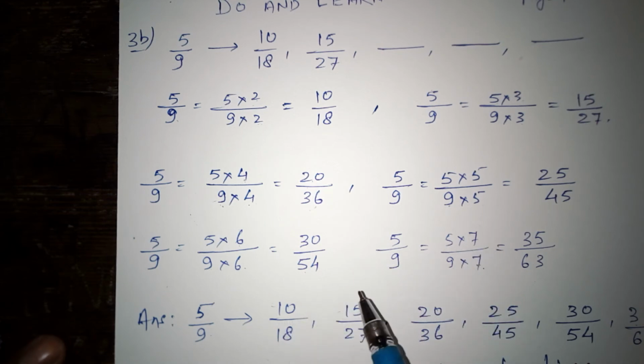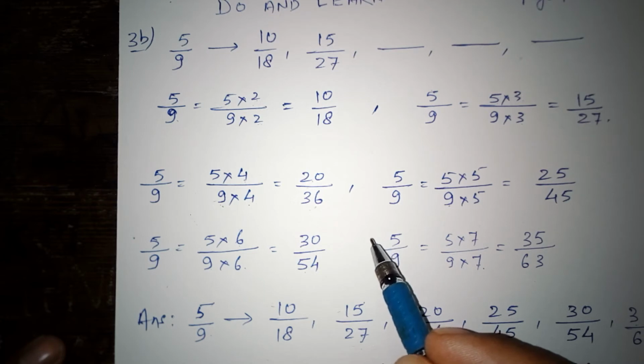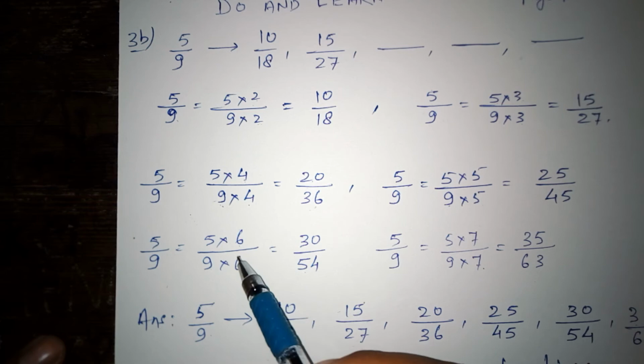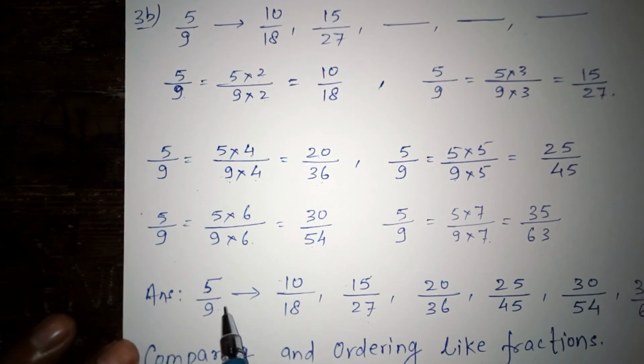When you find the equivalent fraction of any fraction, you multiply by the same number in numerator and denominator, as you are looking in this solution.